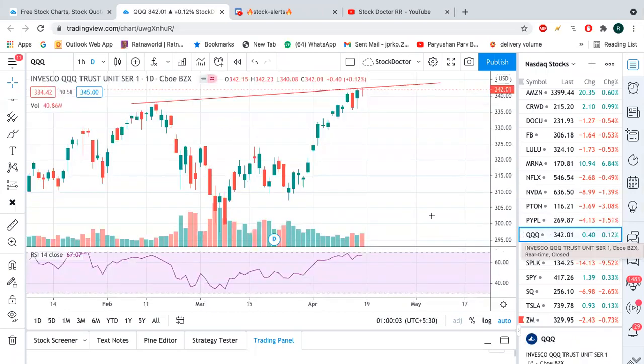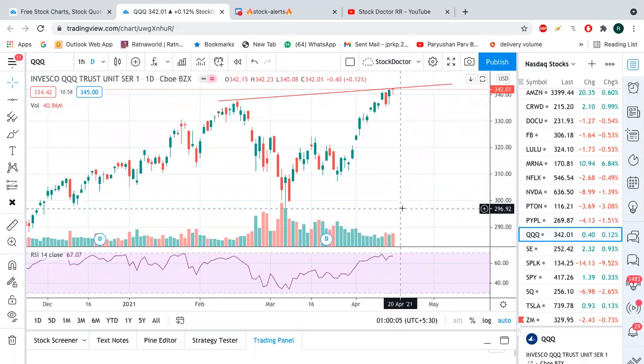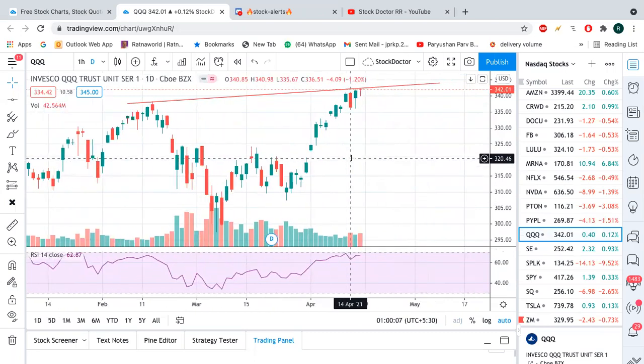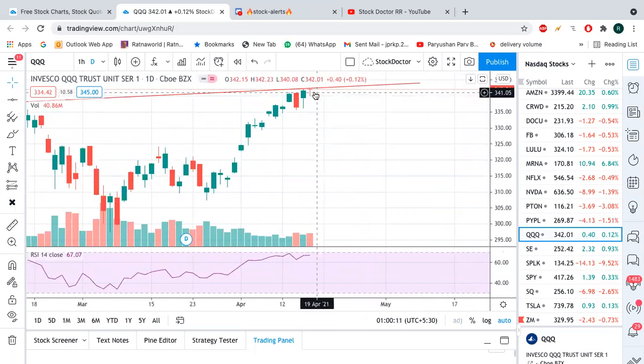The next stock is QQQ. I will not take a position in the QQQ because I can see here a doji pattern, and as we all know, whenever there is a doji pattern on the stock, it says that the stock is indecisive.